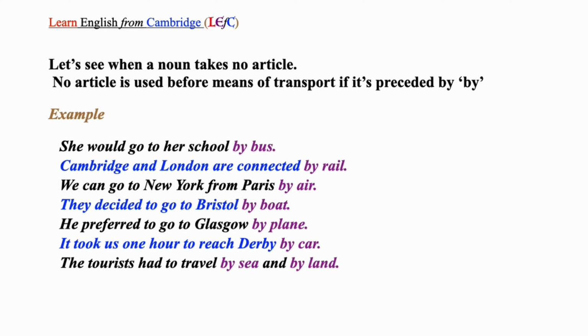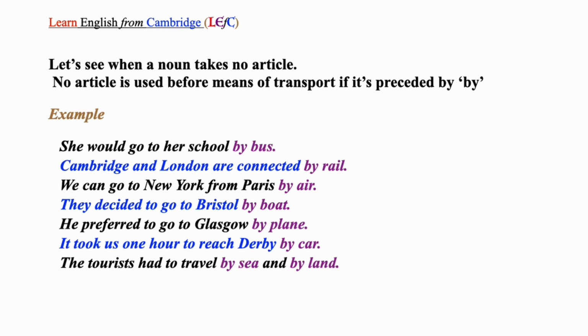So here you can say these means of transport, bus, rail, boat, plane, car, all have the preposition by before them. Between this preposition by and that noun, we cannot use any article, definite or indefinite.